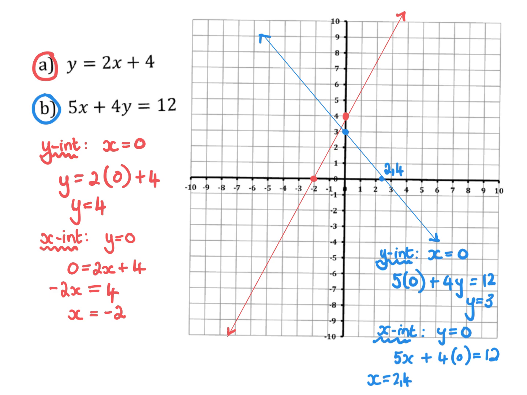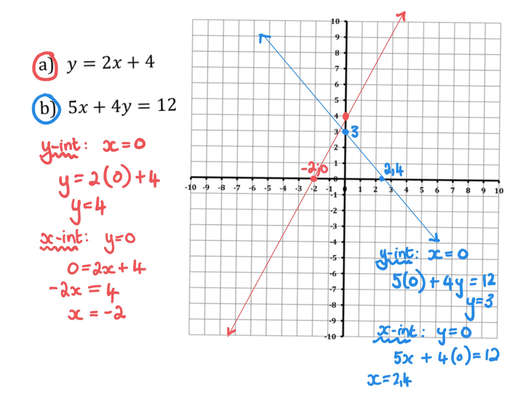Every time you need to draw a straight line graph, it's important that you show the intercepts with the axes. So here it was 3 and 2.4, and for the other graph it was 4 and negative 2. You could also be asked to write the coordinates of those points, and then you will have to say negative 2 and 0.